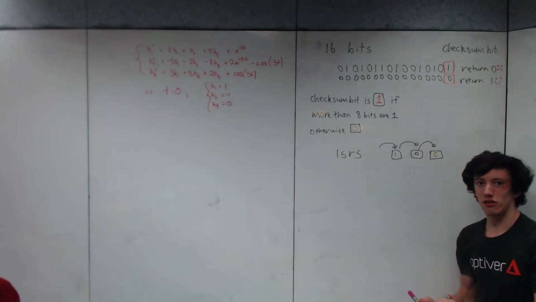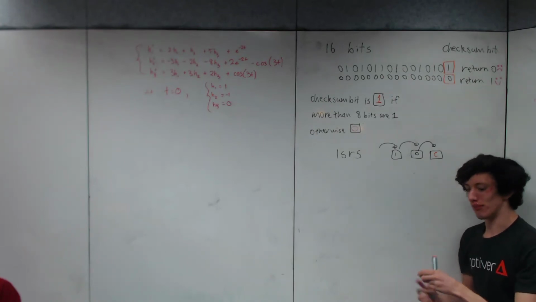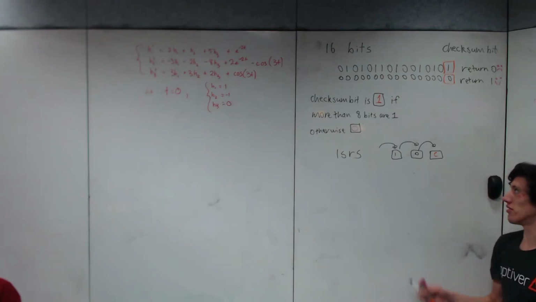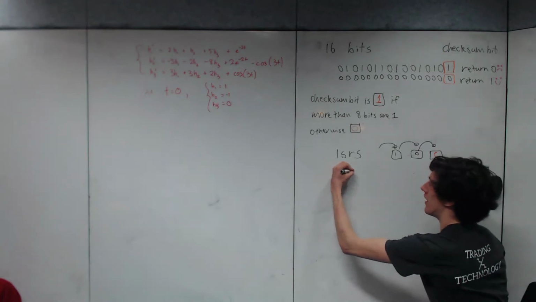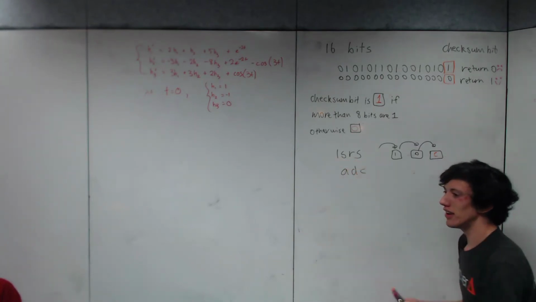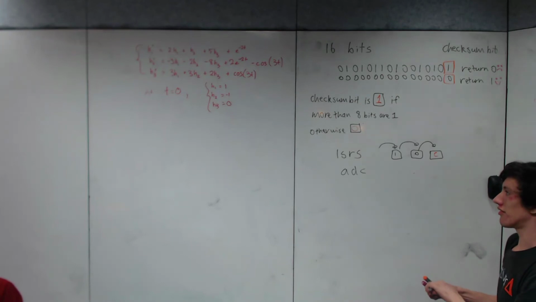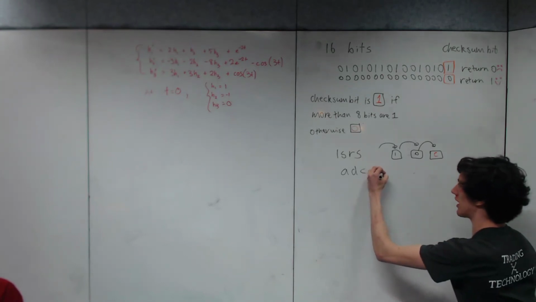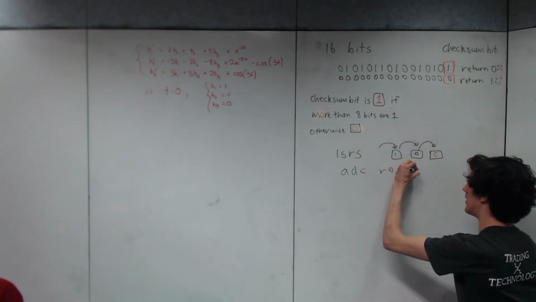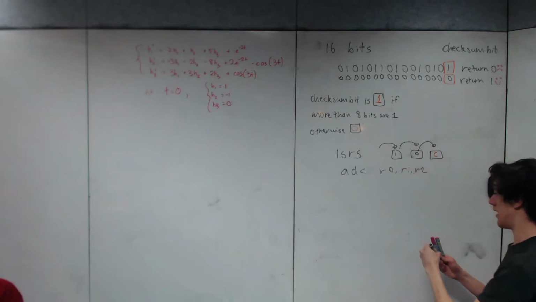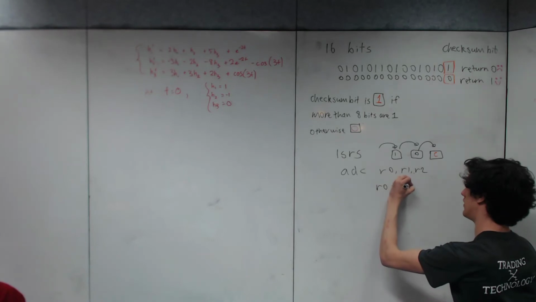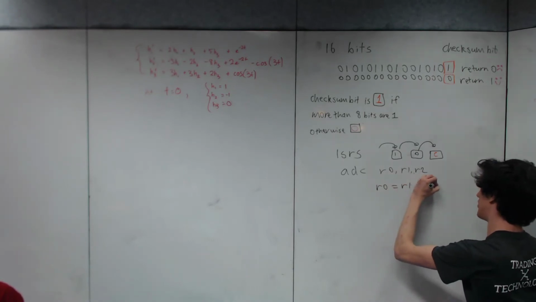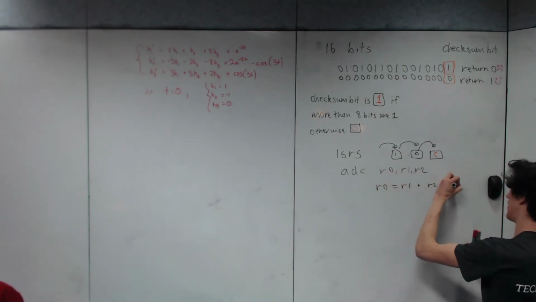So this is a handy little hacky way to shift off 1 bit and actually be able to use it, because if we've got something in the carry flag, then we can use ADC, add with carry. If we give it R0, R1, R2, what that's going to do is R0 equals R1 plus R2 plus the carry bit.